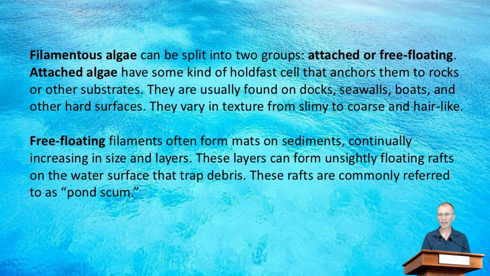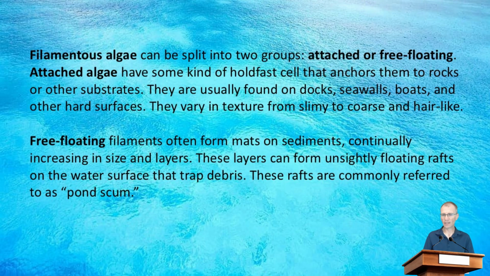Filamentous algae can be split into two groups, attached or free-floating. Attached algae have some kind of holdfast cell that anchors them to rocks or other substrates. They are usually found on docks, seawalls, boats, and other hard surfaces. They vary in texture from slimy to coarse and hair-like.